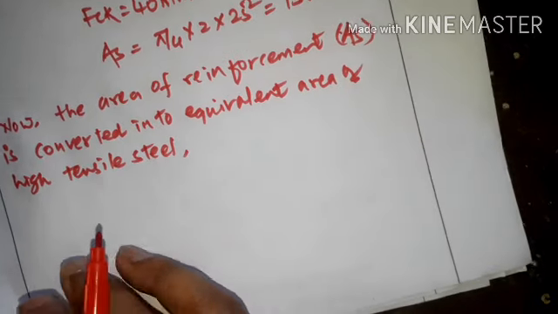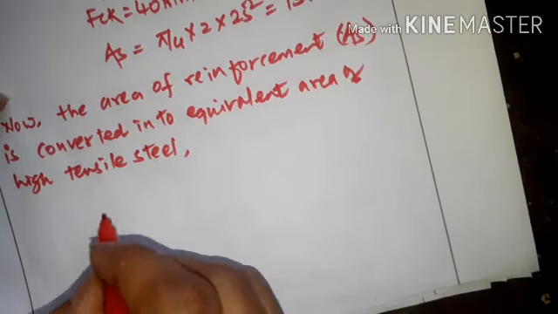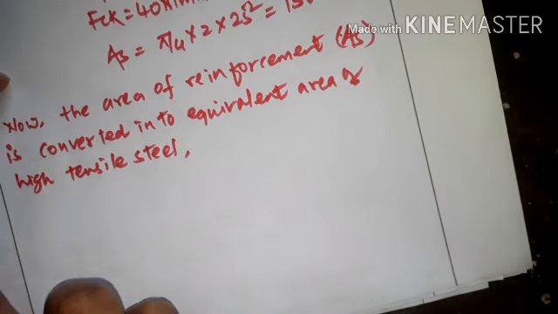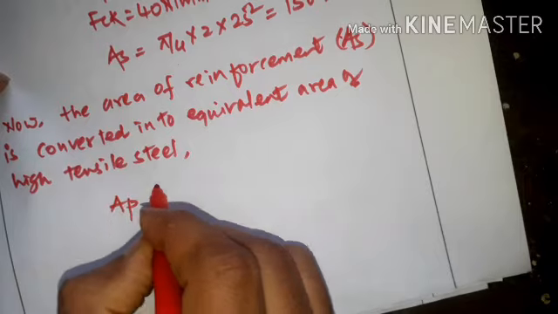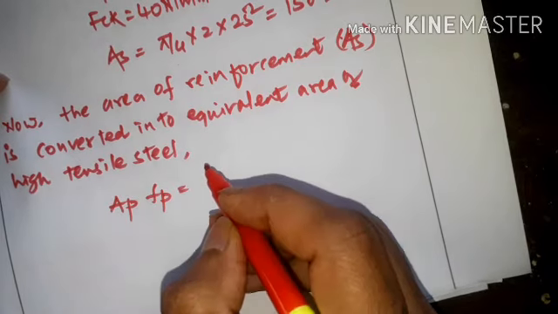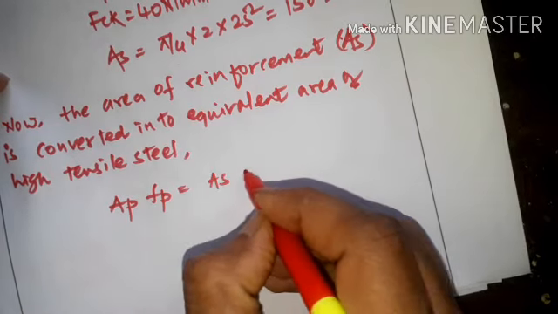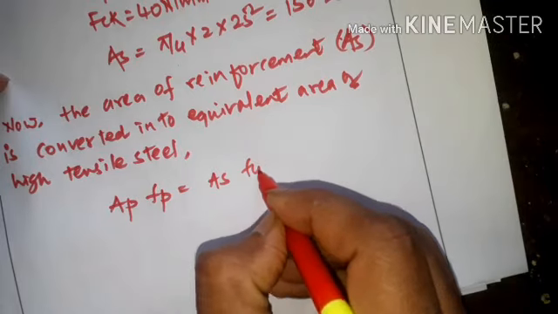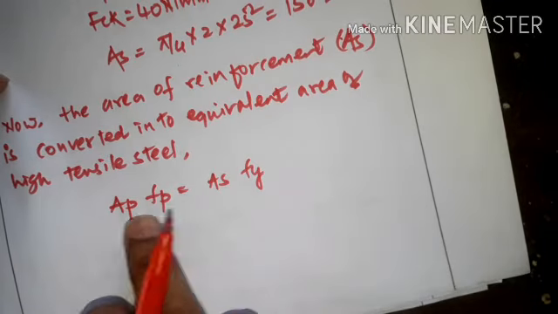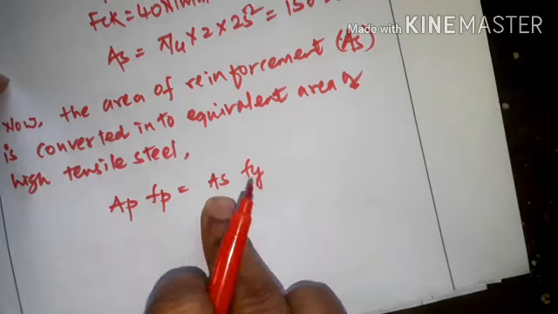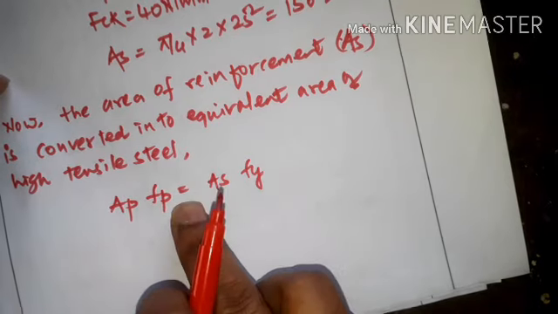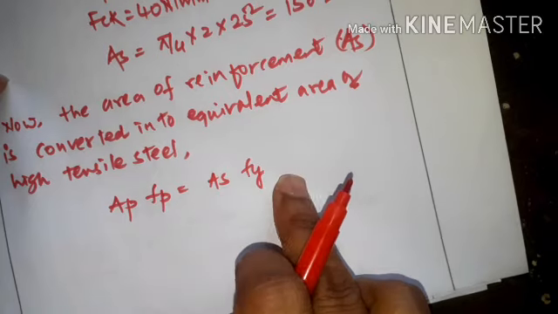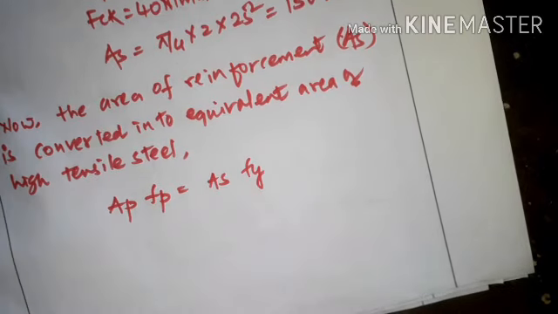So for that you have to create the relation, that is force: area of pre-stress into Fp is equal to area of steel into Fy, because Fy is the yield strength of the steel.